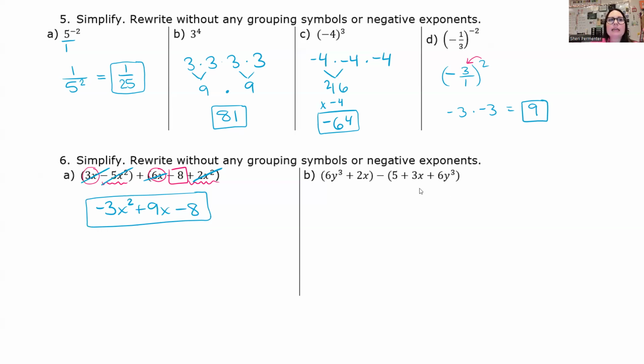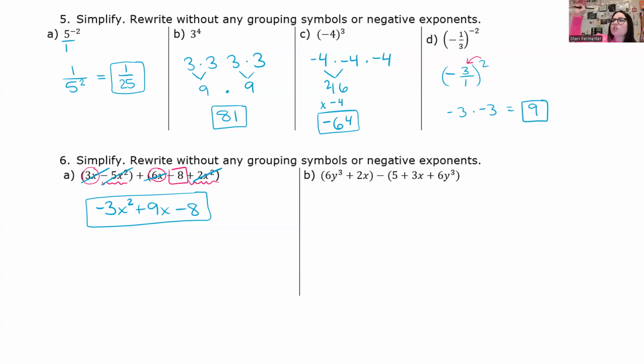For B, the only thing different here is that you've got a negative out in front. So you have to distribute the negative to each one of the terms, which just means that the sign changes. So this says opposite of positive 5, opposite of positive 3, opposite of positive 6. If it's a positive, it changes to a negative.